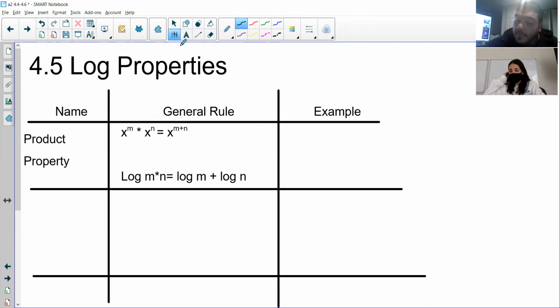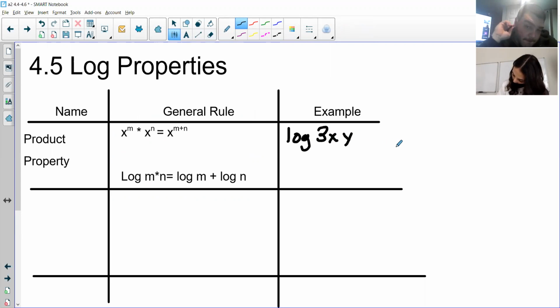So let's look at an example with logs. Let's say log 3xy. Because they're being multiplied to each other, you can, what we call, expand it into separate logs.